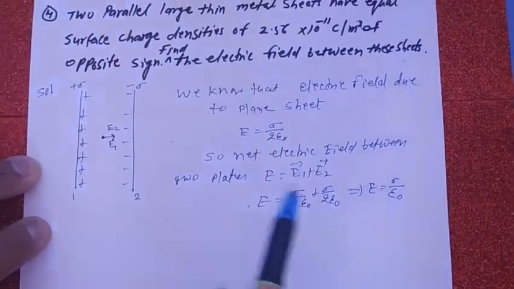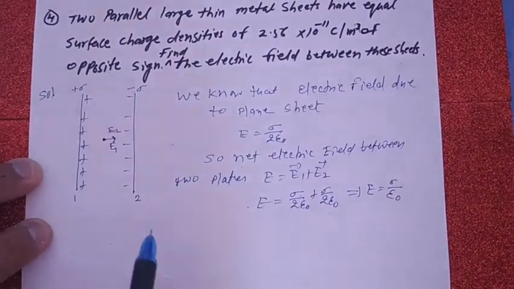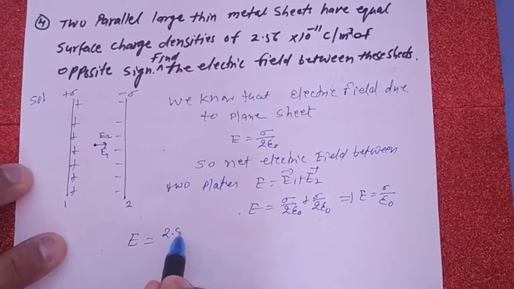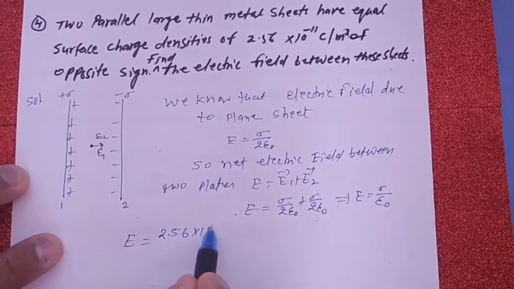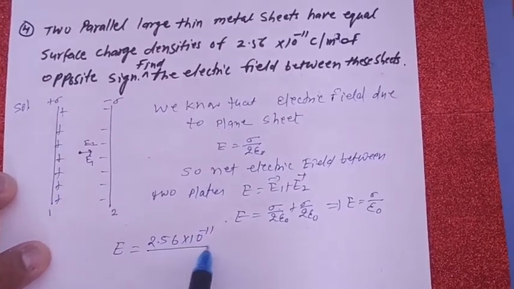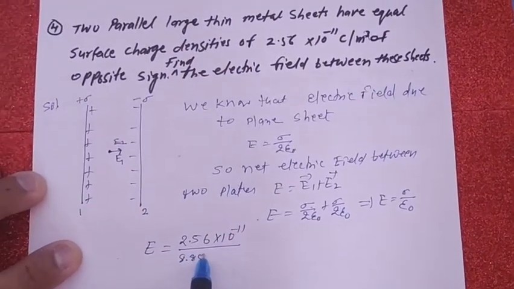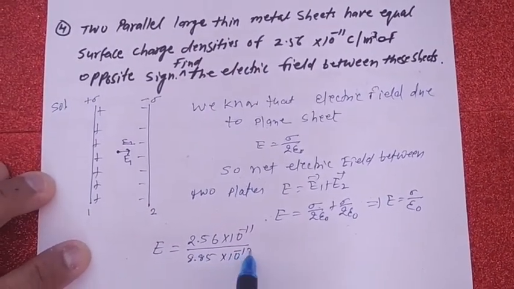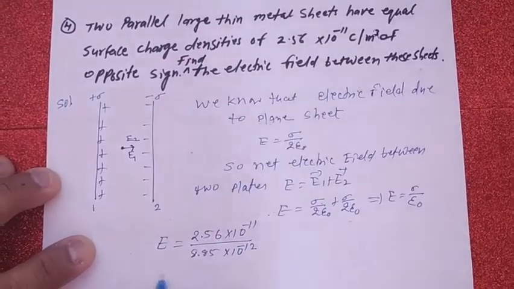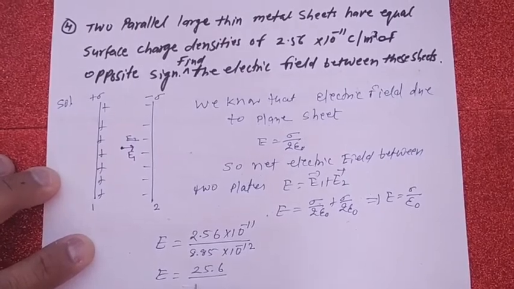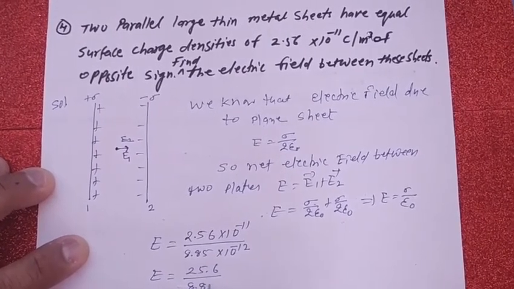Now what is given here? Sigma is given, so E equal to, value of sigma is 2.56 into 10 to the power minus 11 upon epsilon naught, permittivity of free space, 8.85 into 10 to the power minus 12. If we solve this, E equal to 25.6 upon 8.85.